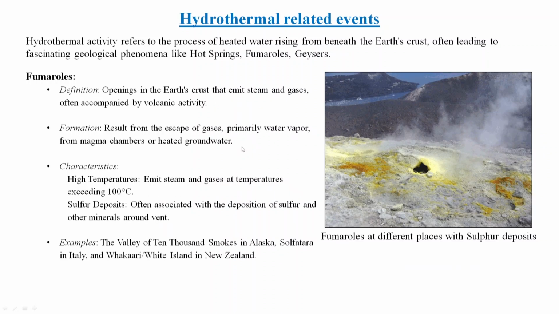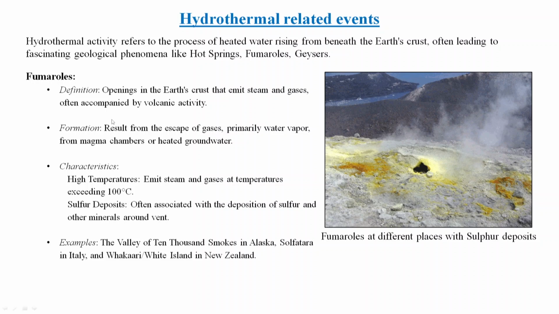Now you also can have fumaroles, openings in the earth crust that emit steam and gases, often accompanied by some volcanic activity as well. It results from the escape of gases, primarily obviously water vapor, from the magma chamber or heated groundwater present somewhere beneath.